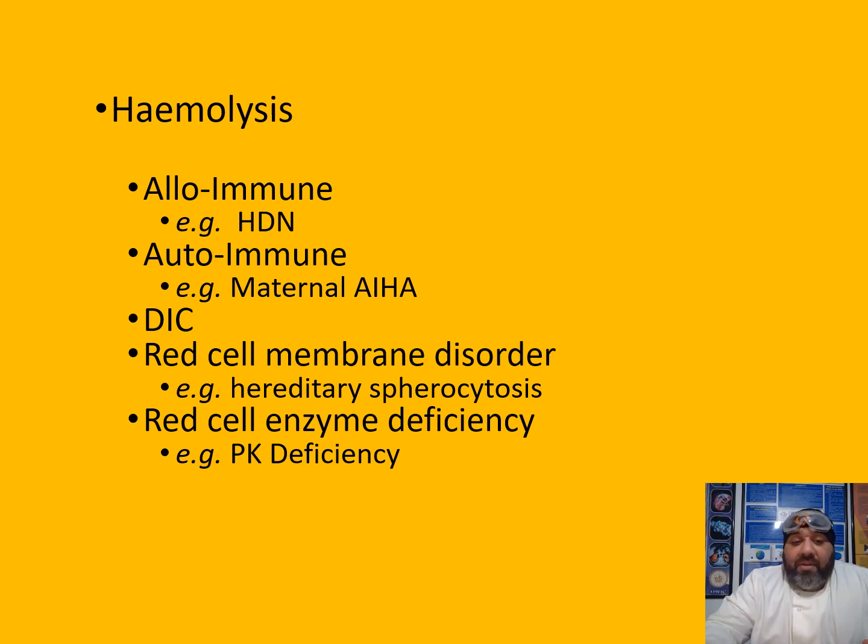There can be DIC, which is disseminated intravascular coagulation. There can be red cell membrane disorders, for example hereditary spherocytosis. And in relation to hemolysis, there can be red cell enzyme deficiency, so for example, PK deficiency.